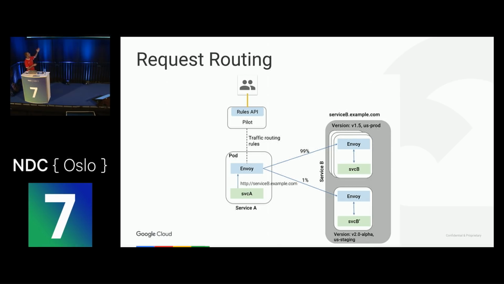But then if you set a rule in pilot so that 99% of the traffic goes to a version of your application and 1% goes to a new version, you can do that, and that will be done transparently. So your service A wouldn't know about that. It will just make a request to service B. But under the covers, because of Envoy and because of the rules API, you can set these rules and the traffic can be split like that.